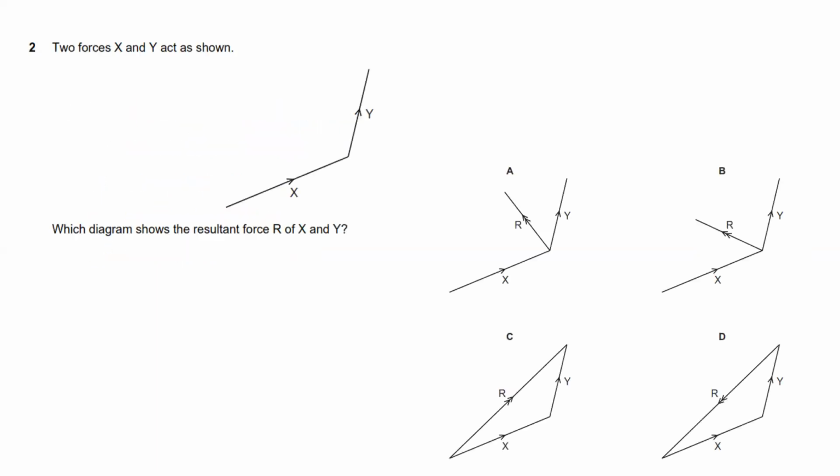Next question. Question number 2, it says forces X and Y act as shown. Which diagram shows the resultant force R of X and Y? So we have two vectors and simply use the head to tail rule. Say for example, it starts from here.